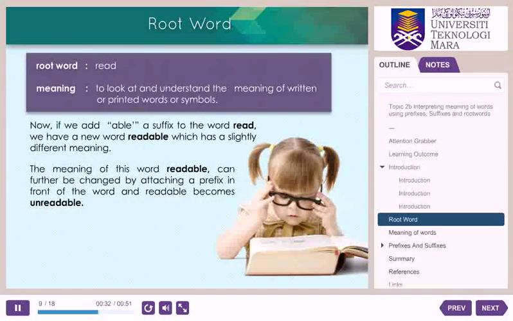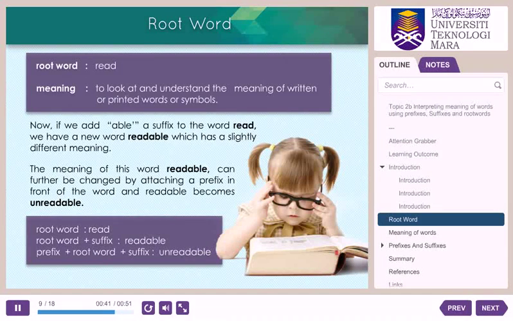The meaning of this word readable can further be changed by attaching a prefix in front of the word, and readable becomes unreadable. The meaning of readable and unreadable can be seen in the next slide.